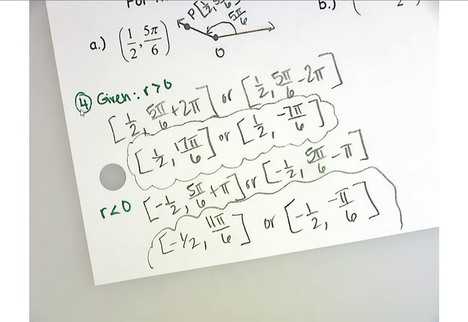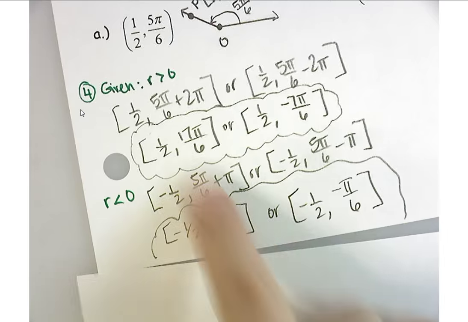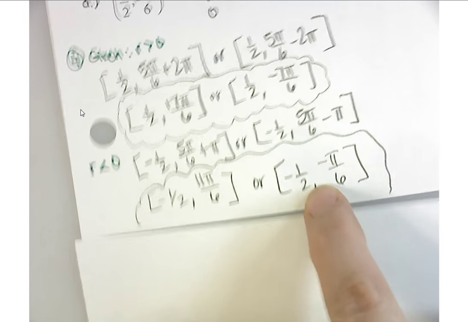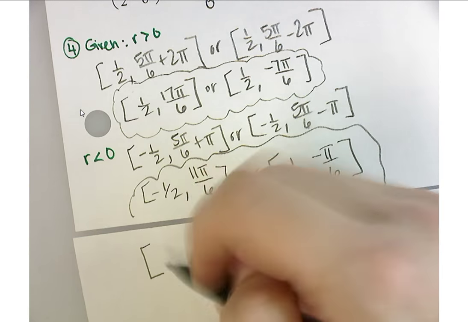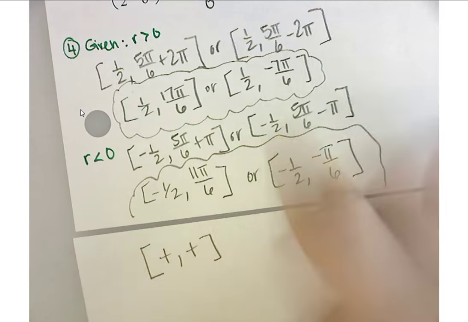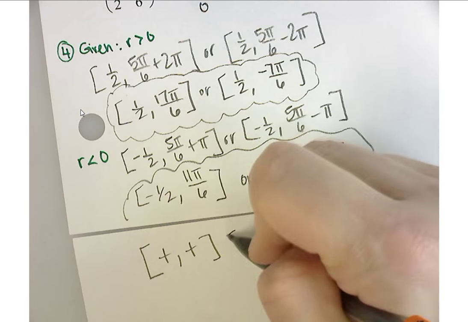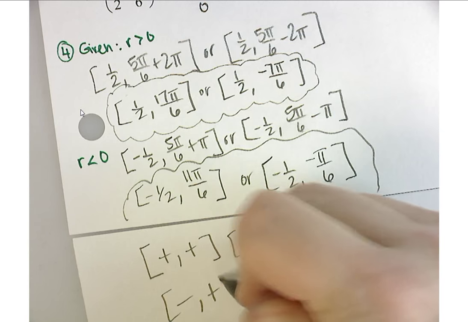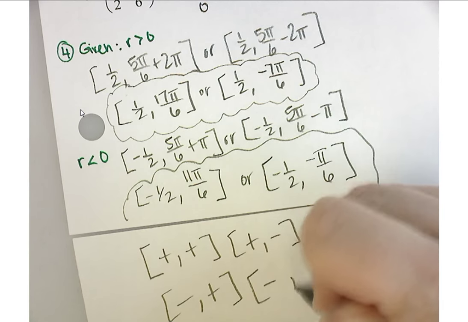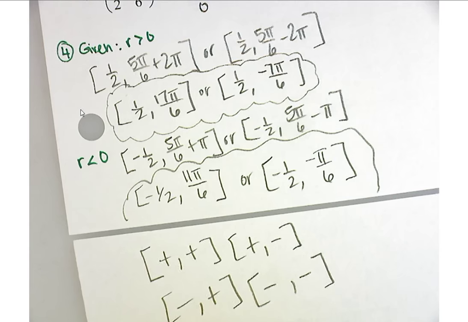Now a couple of things I want to mention: when you look at these points, we can see they're the format of what we did on our packet. You had to find a positive positive, which is this one, a positive negative, this one is a negative positive, and this one is a negative negative.